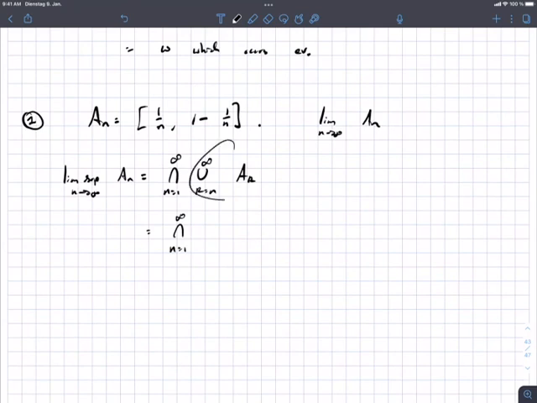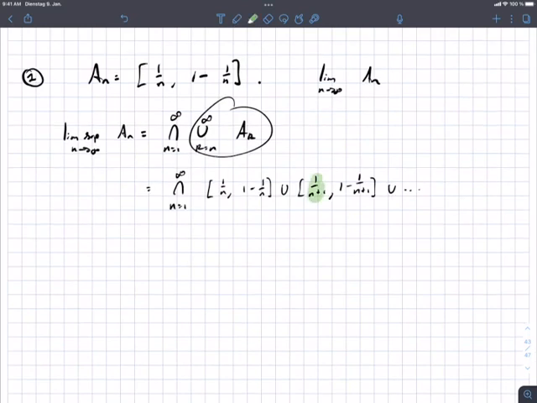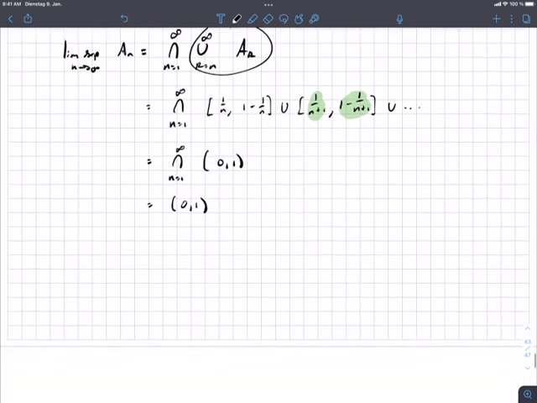Let's just do one step at a time. So the union of all of these. It begins at (1/n, 1 minus 1/n), union (1/(n+1), 1 minus 1/(n+1)), and so on. And I see this lower bound is getting closer to 0, the upper bound is getting closer to 1, and so if I union all those, I'm going to get 0 up to 1.